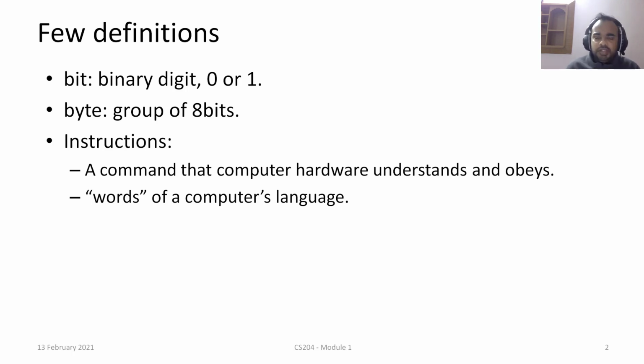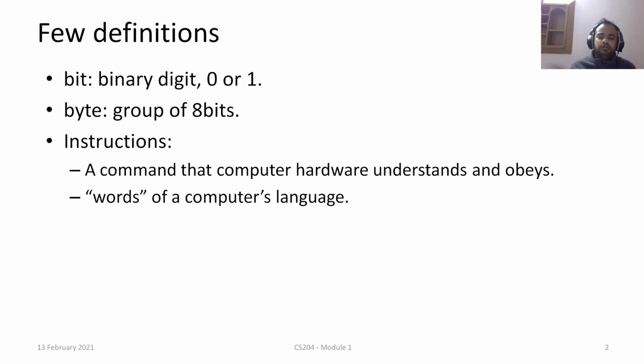A single instruction can be viewed as a command that we give to the computer to tell what needs to be performed and on which data it needs to perform that operation on.